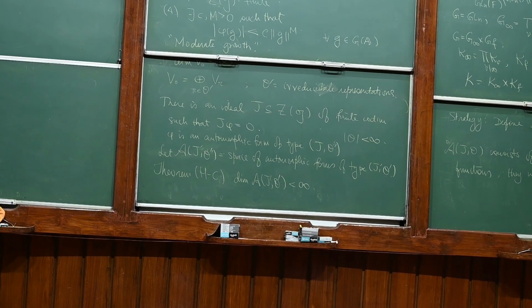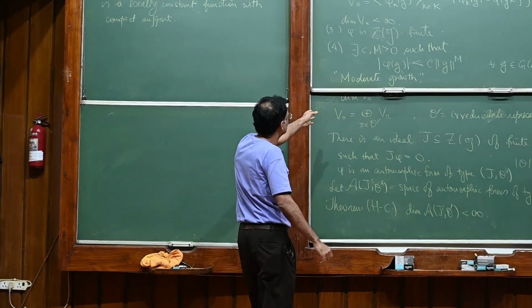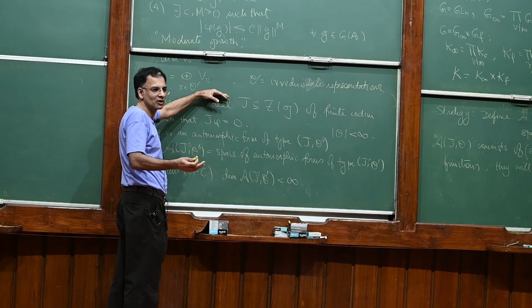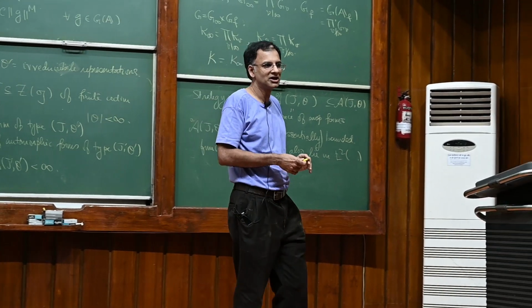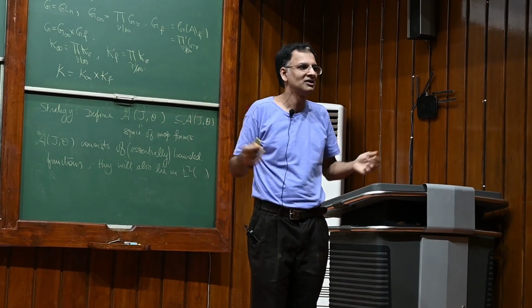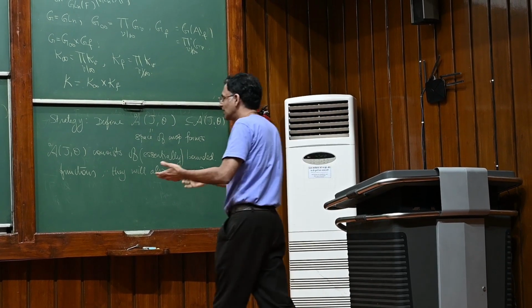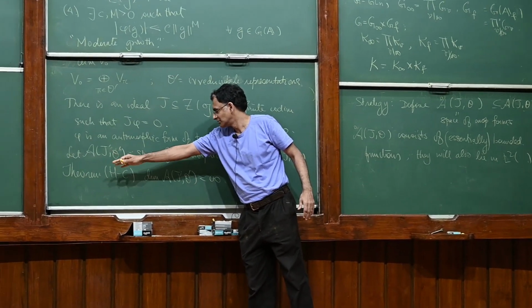I hope there's no further confusion on this. There are two natural pieces of data attached to a form, and I'm calling that form then of type J theta. Then I'm saying, look at any data J comma theta where J is an ideal of finite codimension and theta is a finite set of irreducible representations, and the space of all forms of that type is denoted A J prime theta prime.